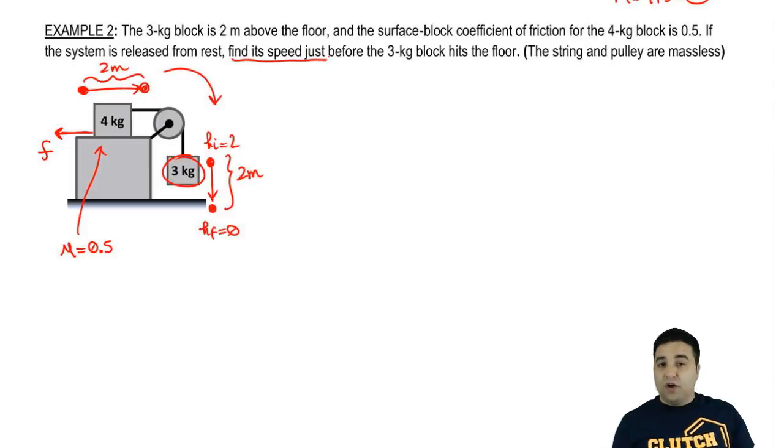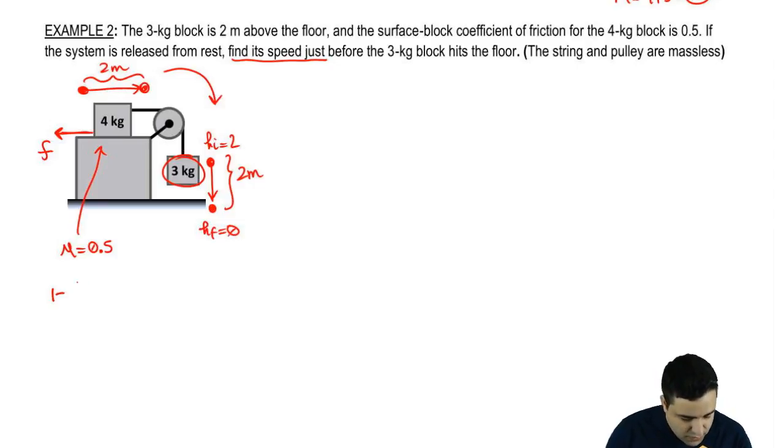An alternative way to solve this, by the way, would have been to write F equals ma for both blocks, combine those two equations like we did back in the day, and find the acceleration of the system, and then I would be able to use one of the motion equations to figure out how fast this thing is.